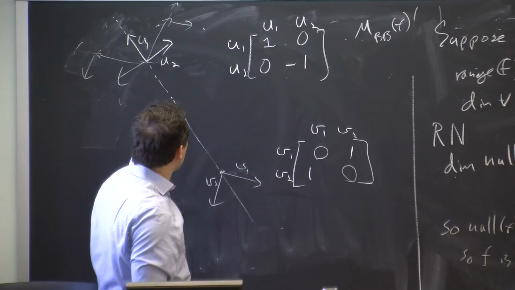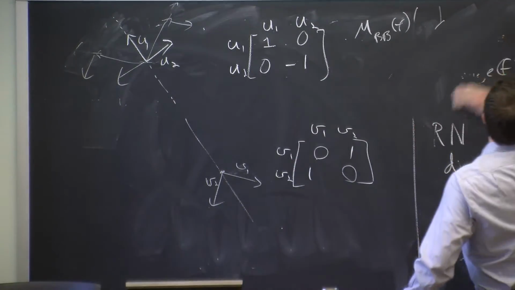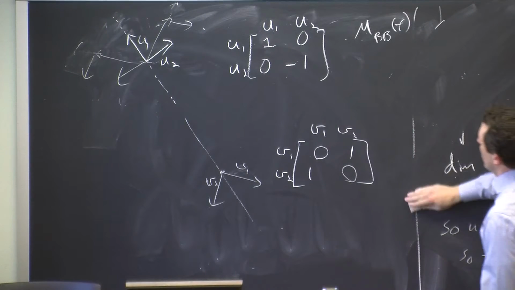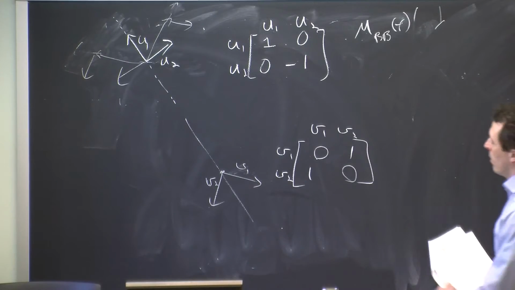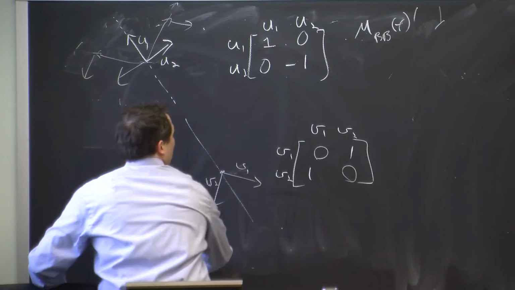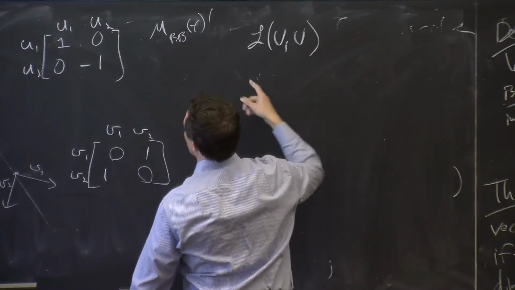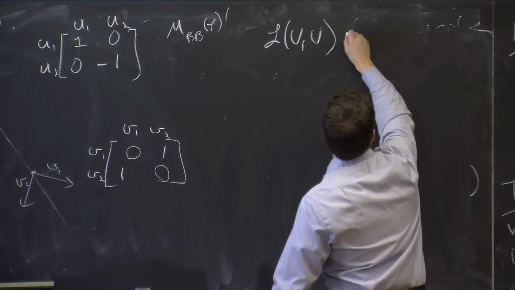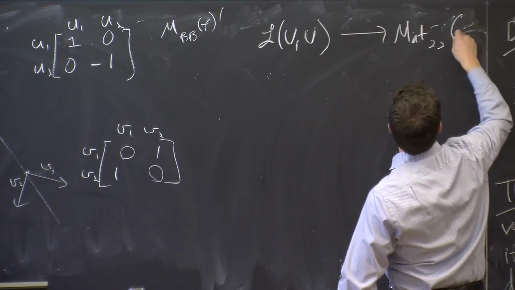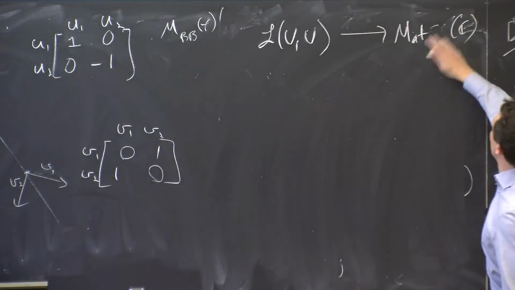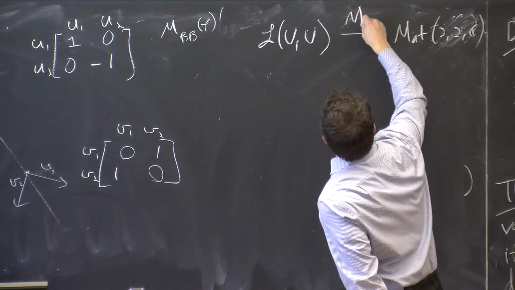The point is that we had a theorem last time, which I'll state again in another way in a moment, that said that this map from linear transformations, in this case from a vector space to itself, of which this reflection is an example, to matrices, in this case 2 by 2 matrices over, say, C, depends on a basis.